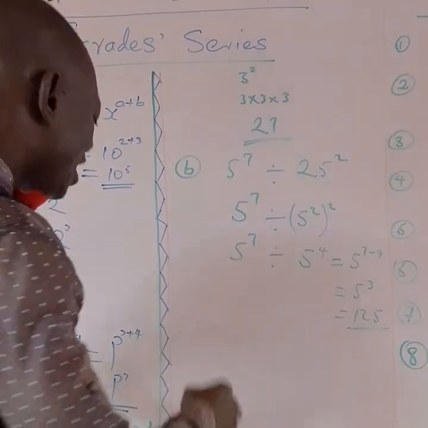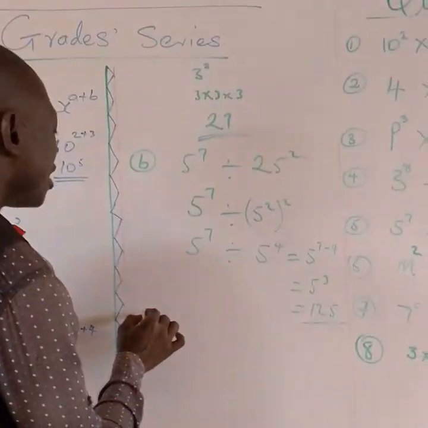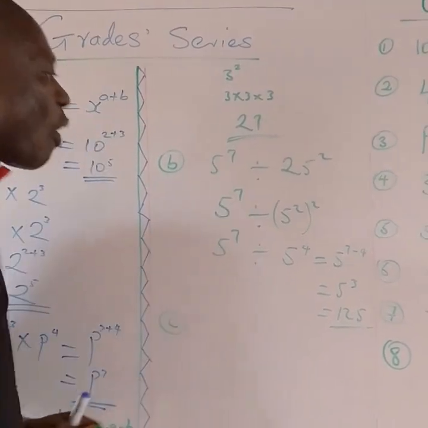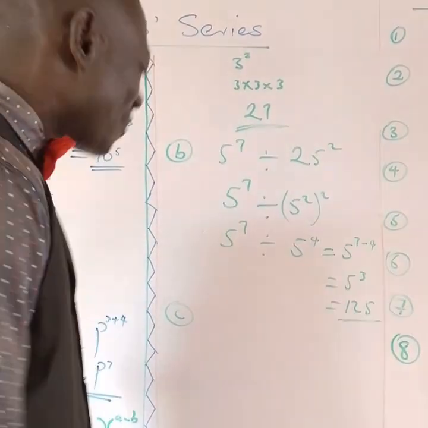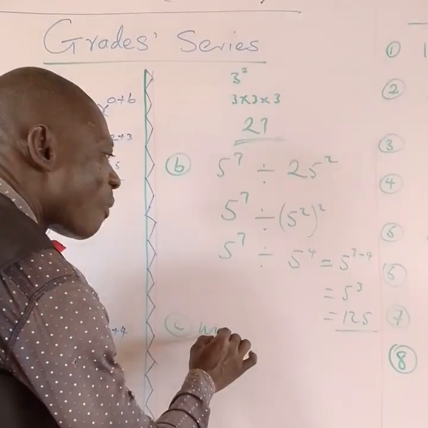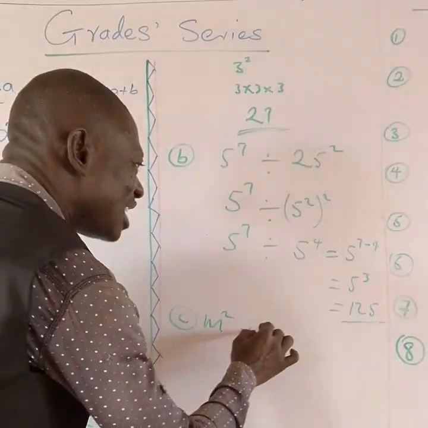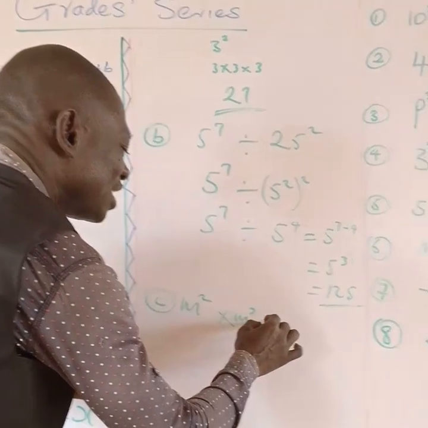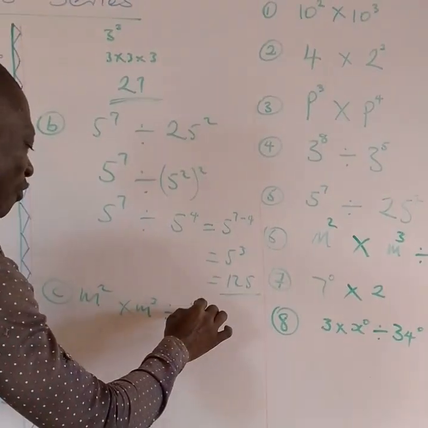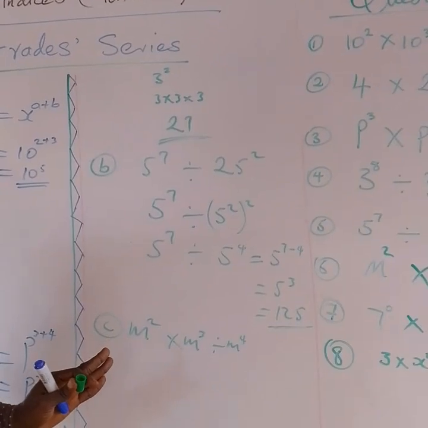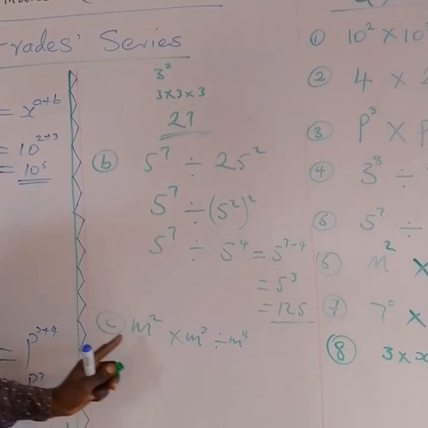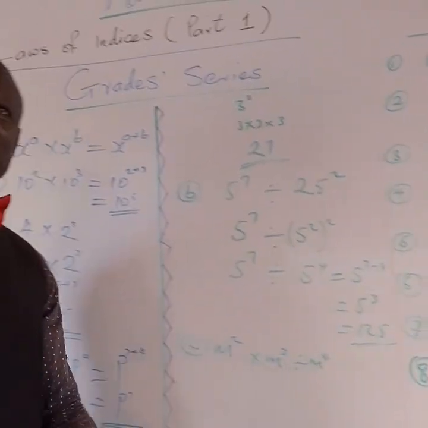If we go further to pick more examples here, and have the one that's given to us in algebra, we have m raised to the power 2 times m raised to the power 3 divided by m raised to the power 4. In all these now, we have m as the base. So what do we do? Remember, it can be so many, provided they have the same base.